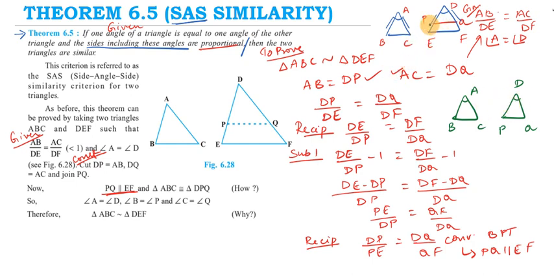Also, we know that the sides are going to be proportional. So we can say that these two triangles are congruent. So triangle ABC is congruent to triangle DPQ. I am not talking about the bigger triangle. I am talking about the smaller triangle DPQ only.